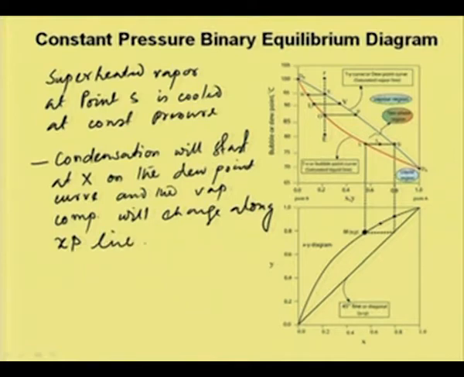When the entire vapor is condensed and the liquid is cooled further, it will reach the domain at E, which is subcooled.